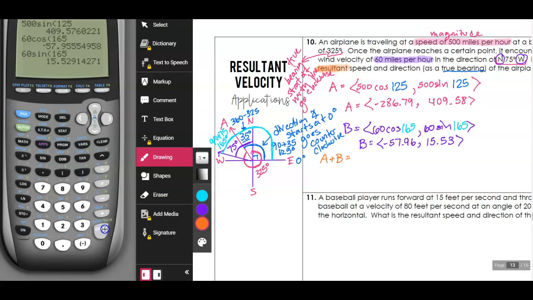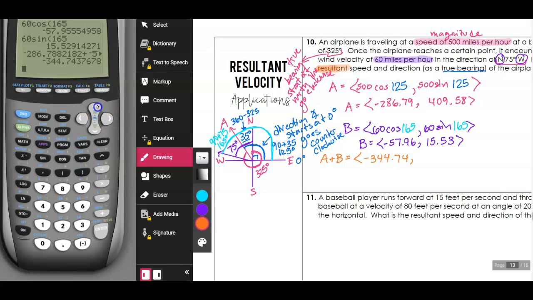All we do to add is just add the A values or X values and add the B values or Y values. Now I'm going to use the ones right in my calculator. I have the negative 286 number plus the negative 57 number. I'm doing this because it saves me time and also it's actually more accurate to use the full numbers in the calculator, right? Because I'm not rounding in the middle of the problem.